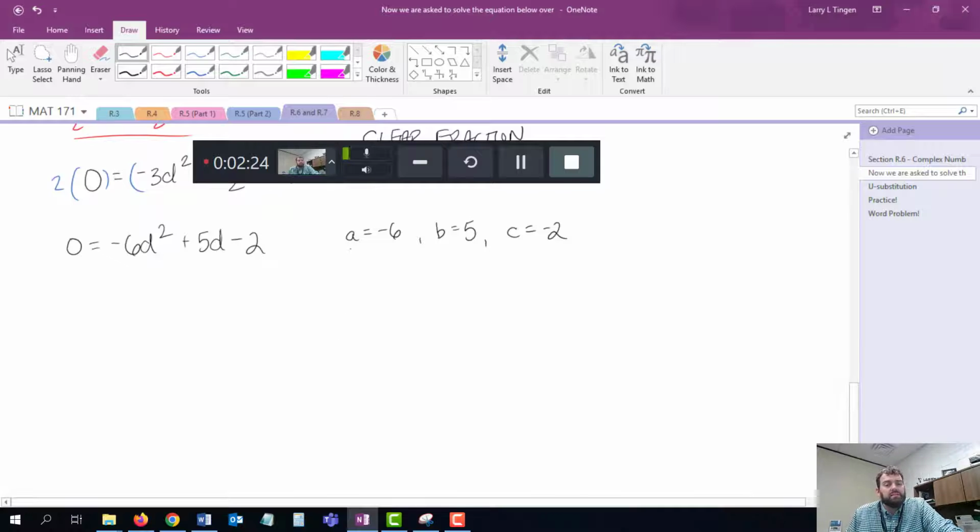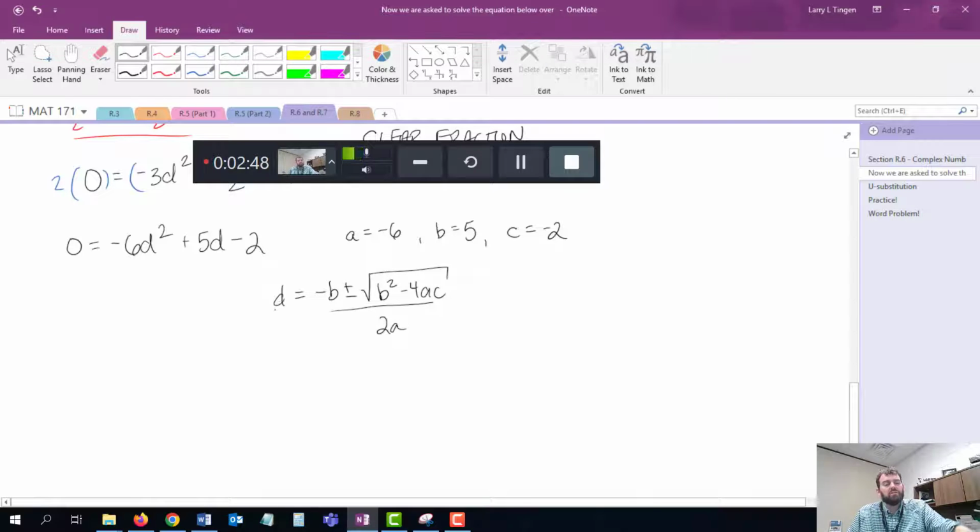And now we're going to plug this into the quadratic formula, remembering that the quadratic formula says the solutions of the quadratic are opposite b plus or minus the square root of b squared minus 4ac, all divided by 2a.